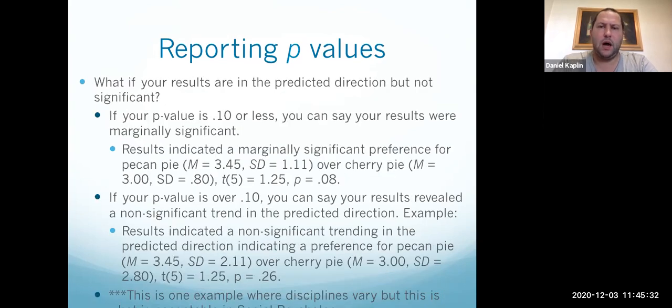Now, what about reporting non-significant results? This is an example where various disciplines differ. In social psychology, it's considered acceptable.